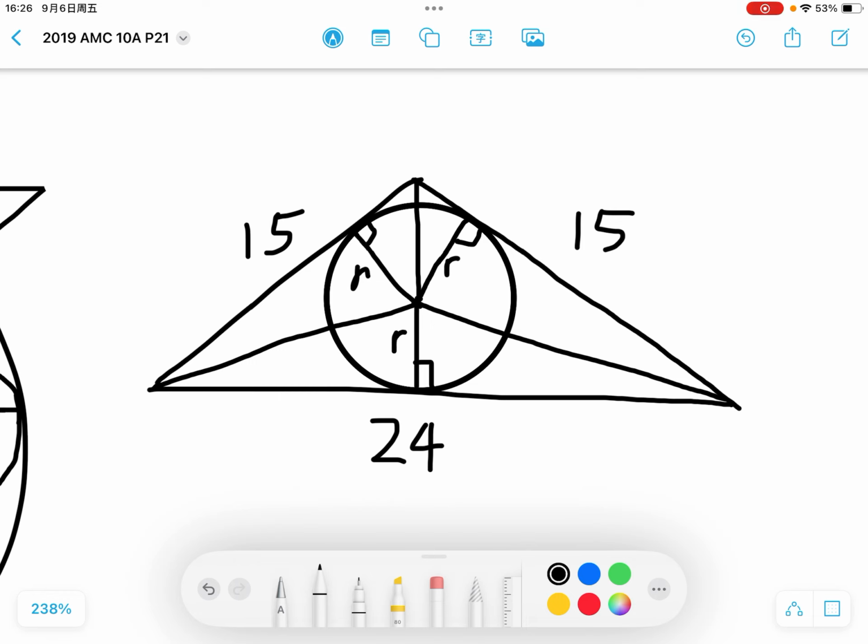Which r did we want to use? Clearly we should use this r, because this is an isosceles triangle.